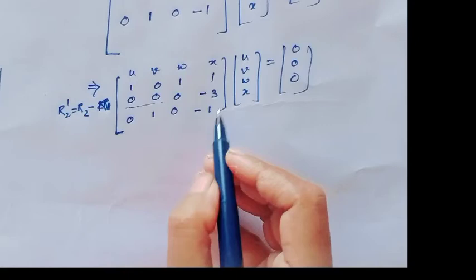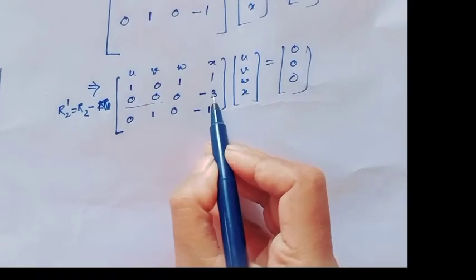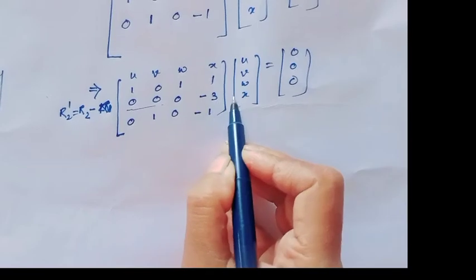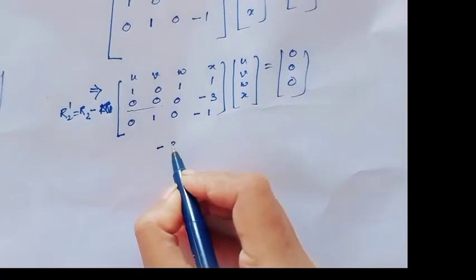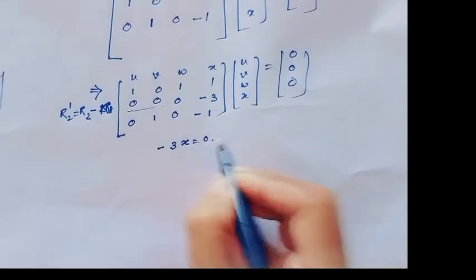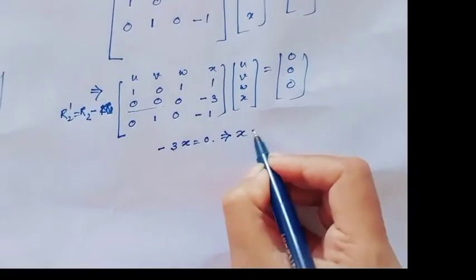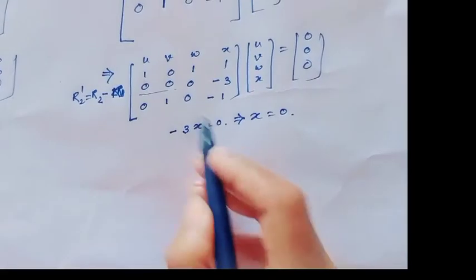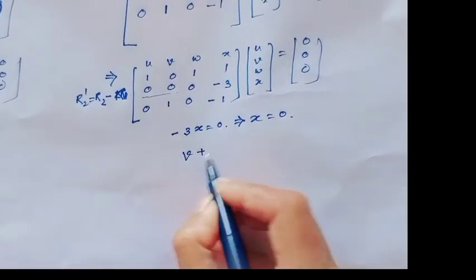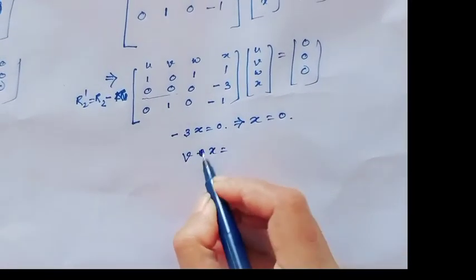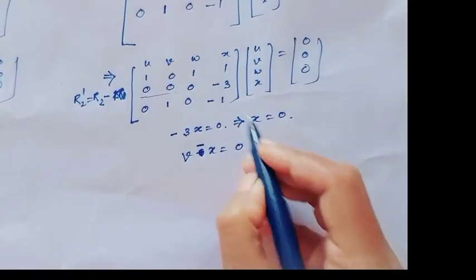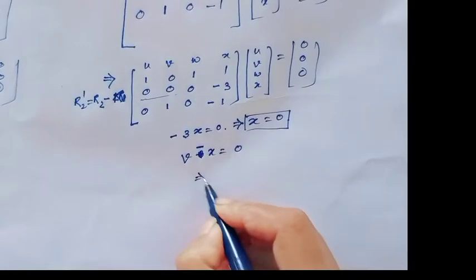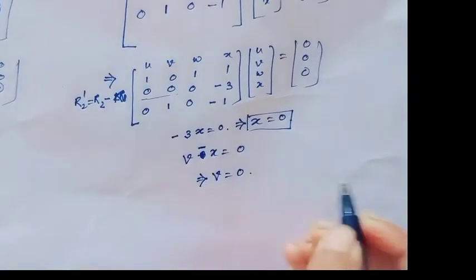Notice I have got this matrix, and from this matrix we can tell, since here I have got only minus 3, minus 3x equals 0, that means x equals 0. And from this line v minus x equals 0, and since x equals 0, that implies v equals 0 also.